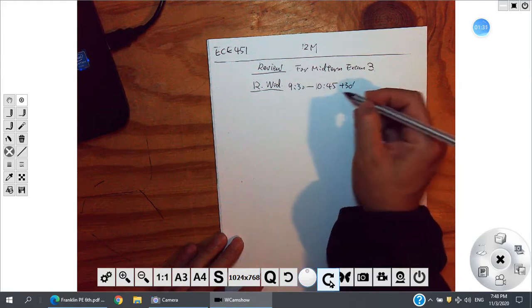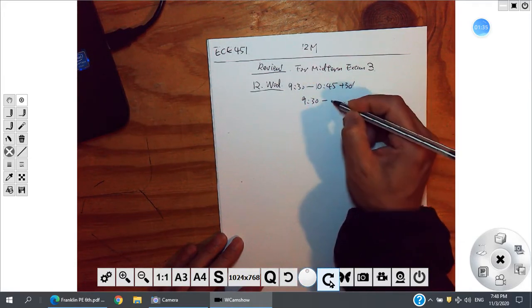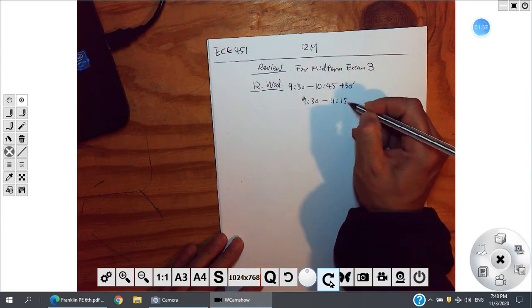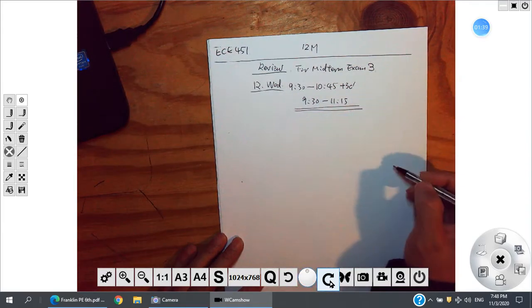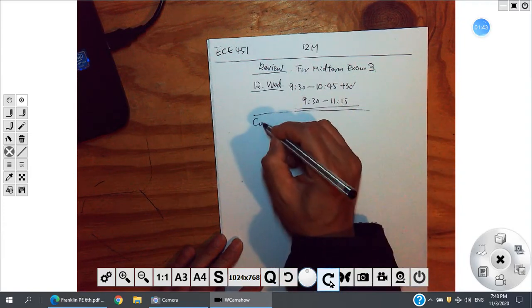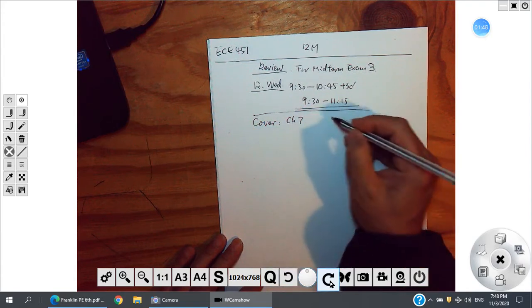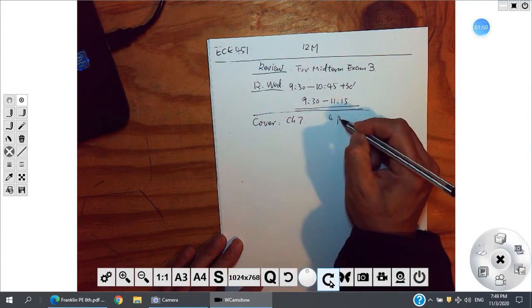So the whole exam time will be 9:30 to 11:15. This is the exam time, and it covers chapter 7, and totally there will be 4 problems.